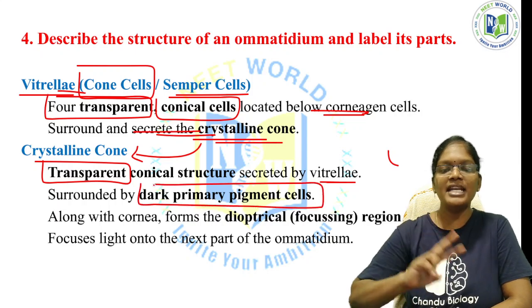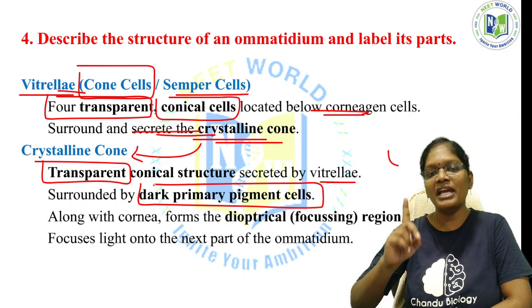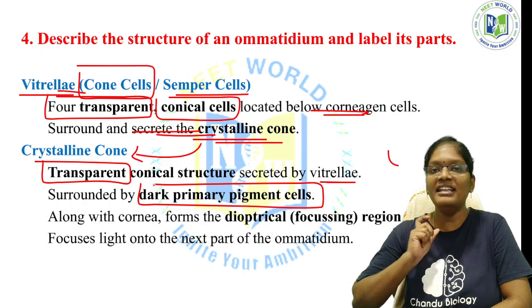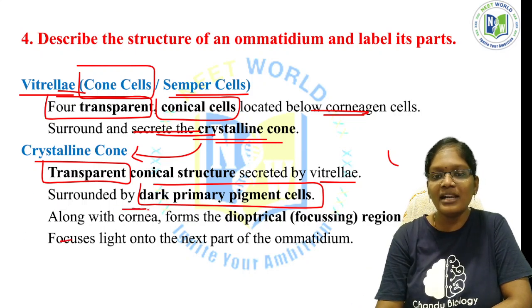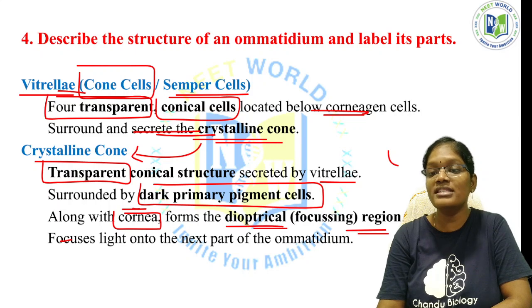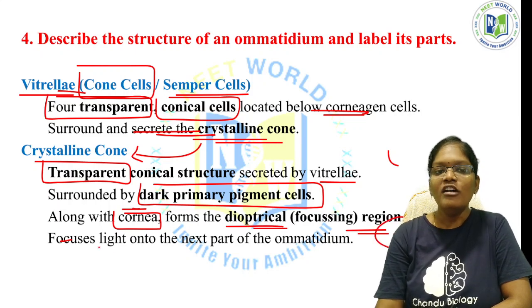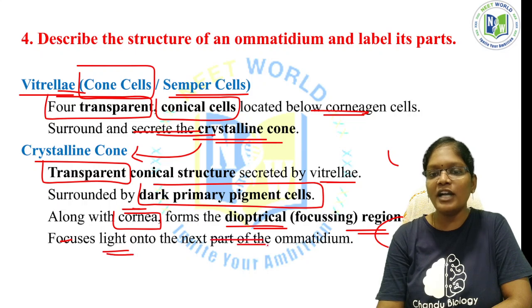So we have studied two pigment cells: one is the primary, the iris pigment sheath, and the other is the retinal pigment sheath. Along with the cornea, the crystalline cone forms the dioptrical focusing region, which is another important thing, focusing light onto the next part of the ommatidium.